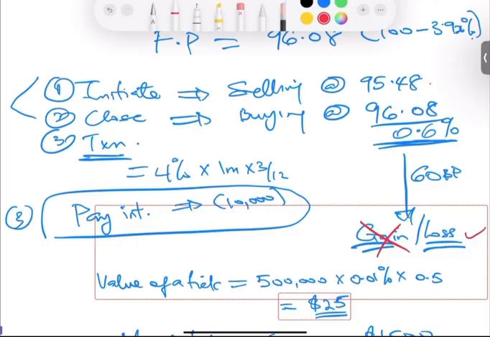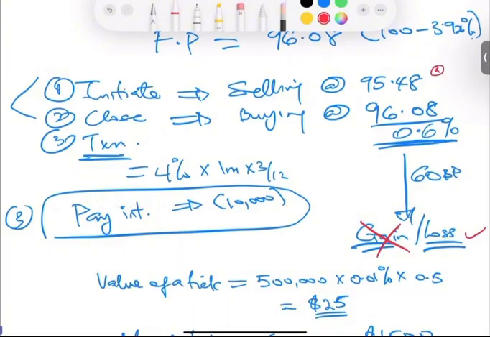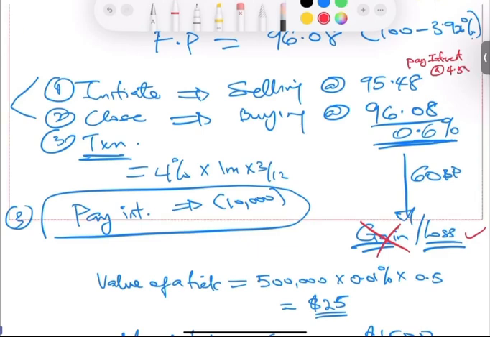Remember, apart from the fact that it becomes obvious like this, that you are selling lower than you are buying, which is a loss, the other way you can look at it is that when you are selling a bond, you'll be paying interest at what rate? That is 4.52.